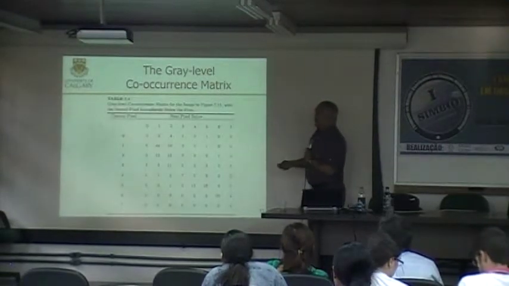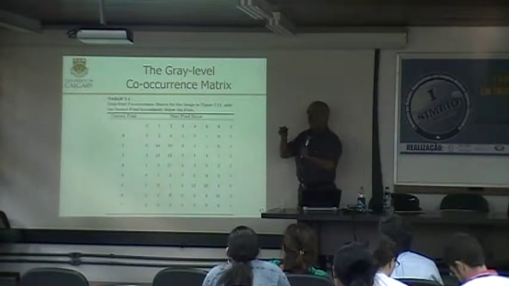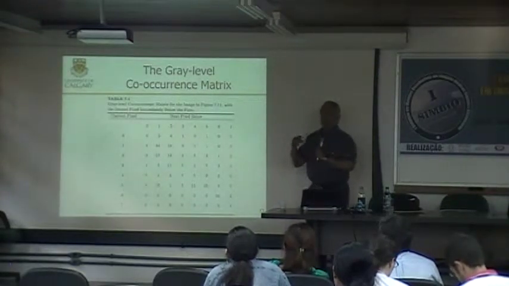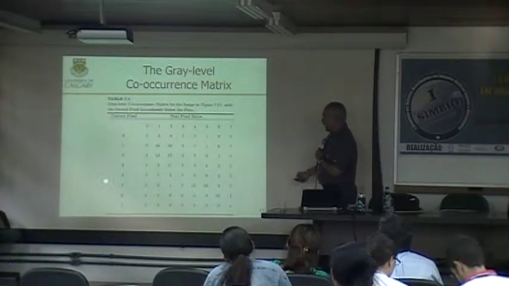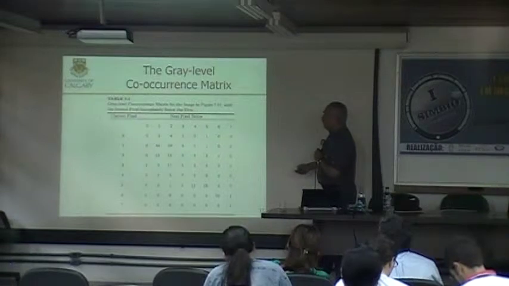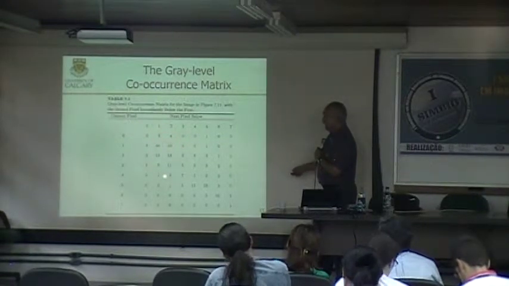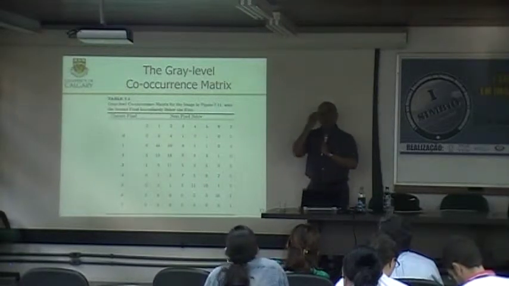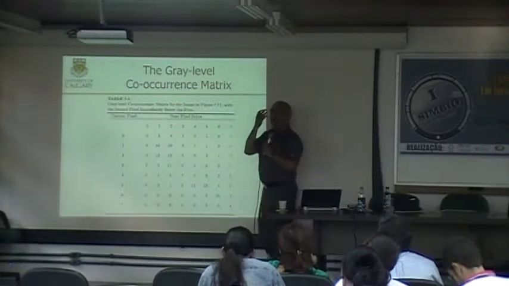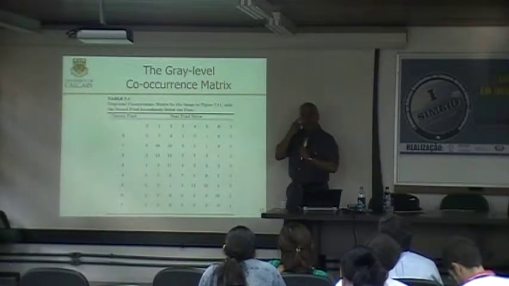Then, because there are 2 variables, 2 pixel values, and each one can take one of 8 values, there are 64 possibilities. And this is the number of times 00, 03, 04, 01 have occurred in the image. Because this image is of a real entity, my eye, there are no rapid changes. There are some fast changes.